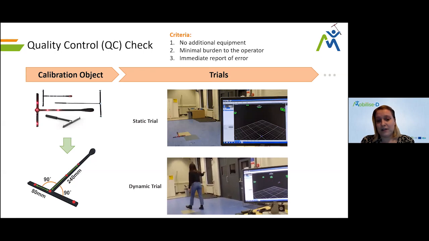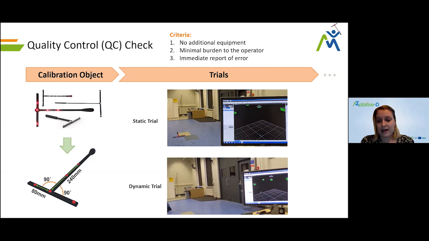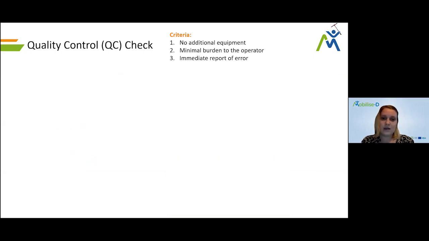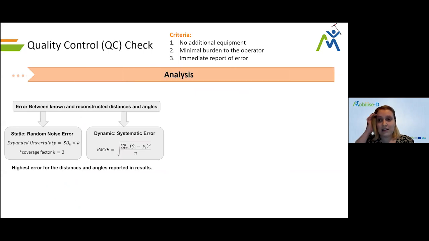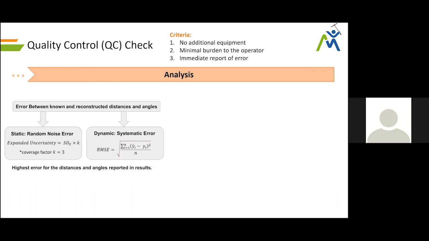The first is a static trial with the object in the center of the volume, and the second is the movement of the object around the desired capture volume, both taking a total of about 25 to 30 seconds to collect. Based on this, we can estimate or quantify the random noise errors based on the static trial that we complete. And then using the dynamic trial, we can also look at the systematic error as well.